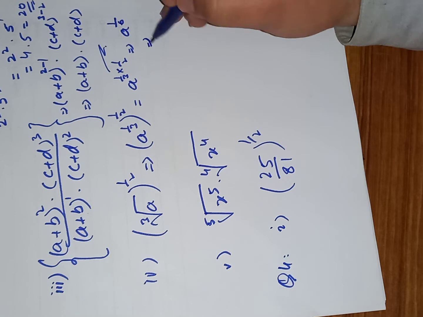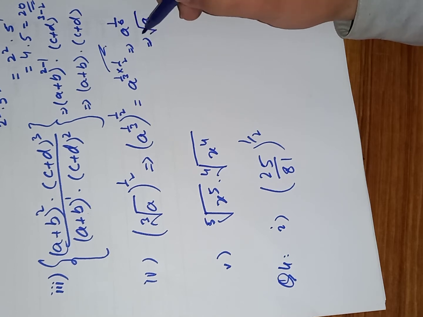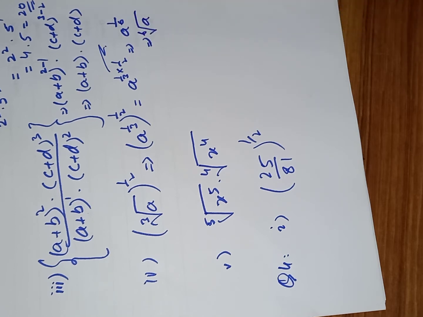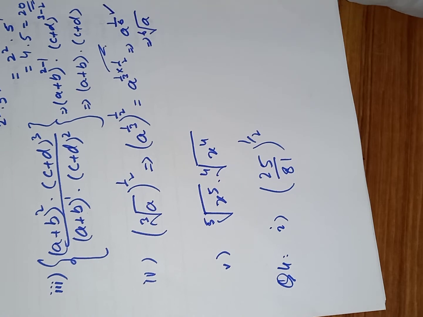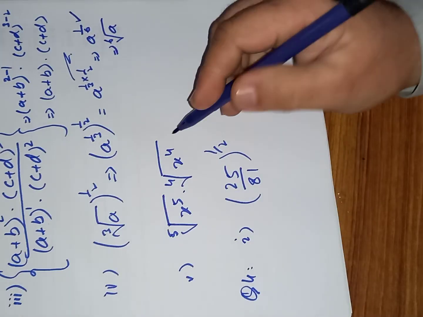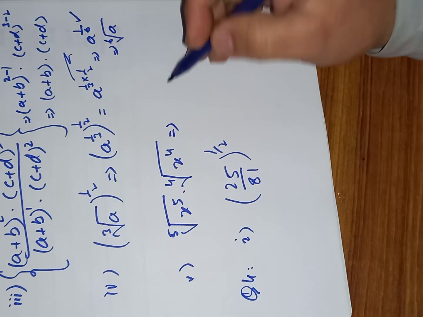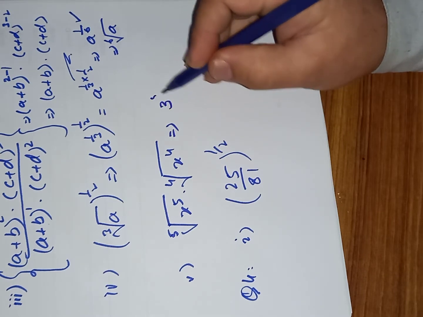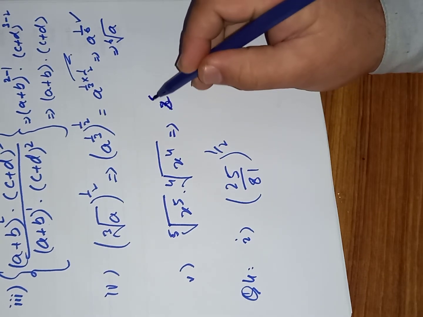So we can write it in radical form as the sixth root of a, or in exponential form in this way.